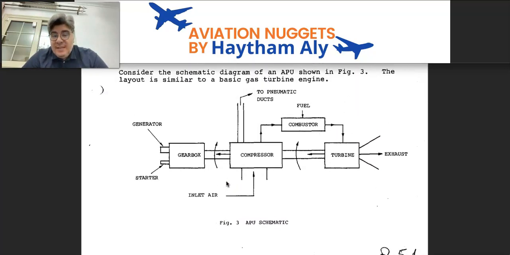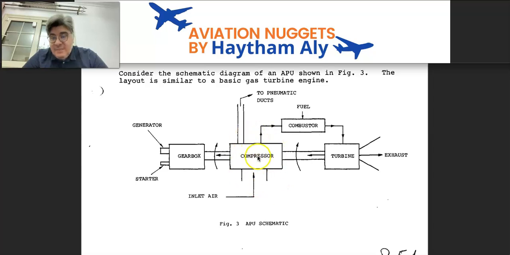So this design had a problem with turbine cooling, and the gas turbine engine would not work properly, as the air taken for pneumatic load affects the air going for cooling of the turbine.